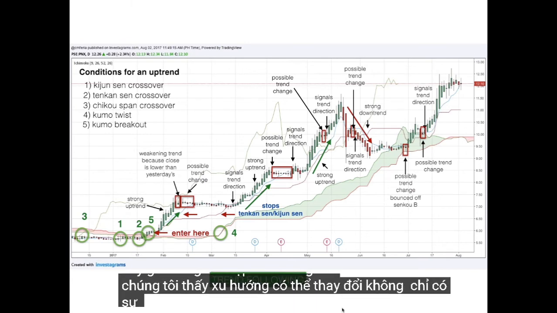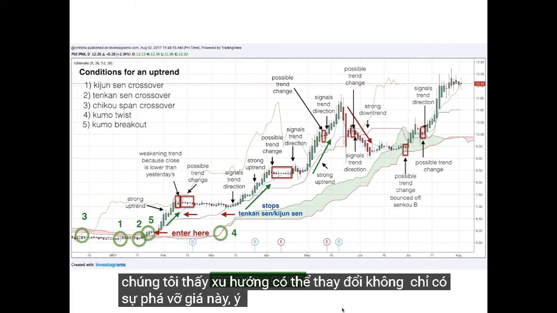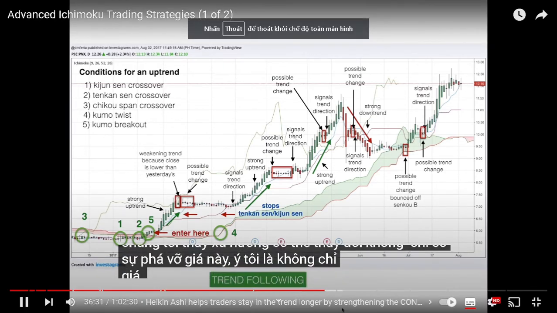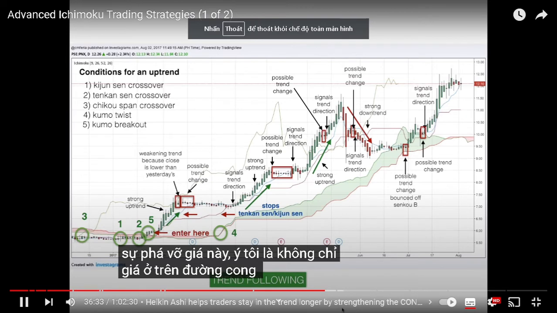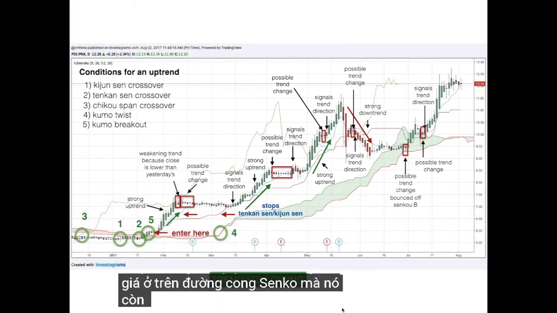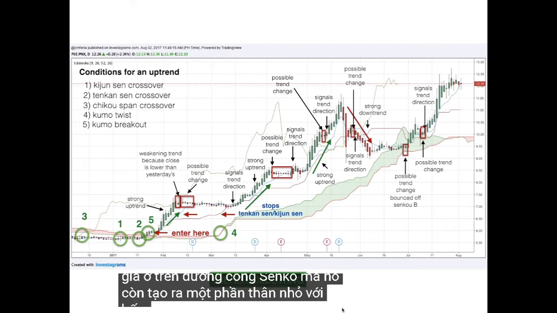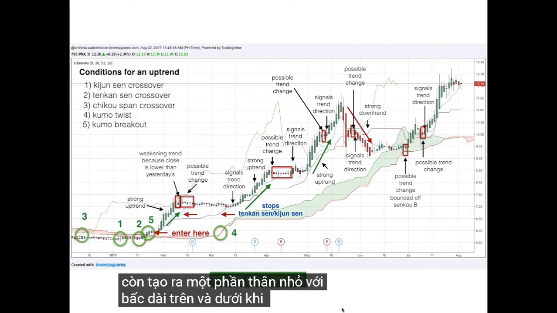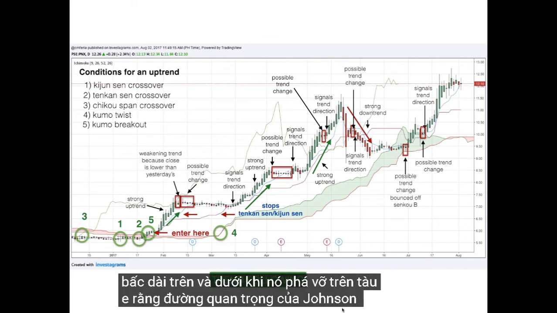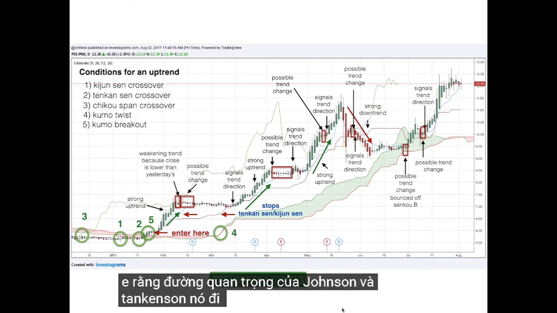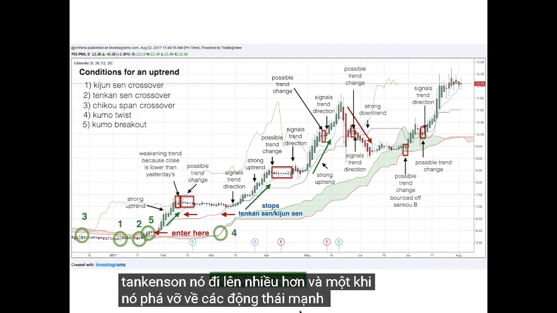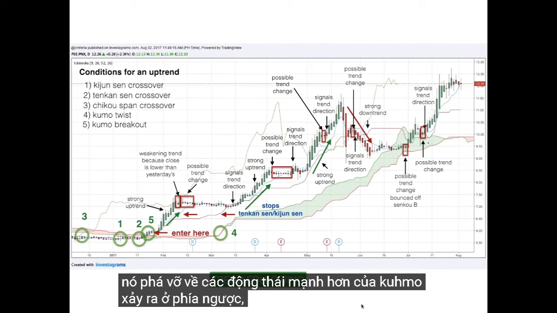Not only did price stay above the Senkou B line, it also created a small body with long upper and lower wicks. Once it broke above that Kijun-sen and Tenkan-sen line, it went on to more upside, and once it broke above the Kumo, stronger moves happened to the upside.